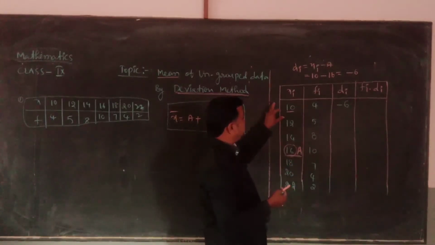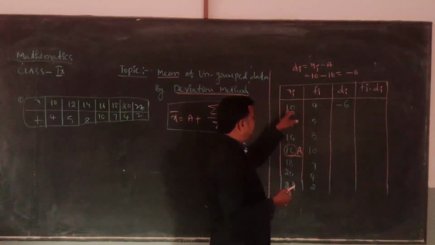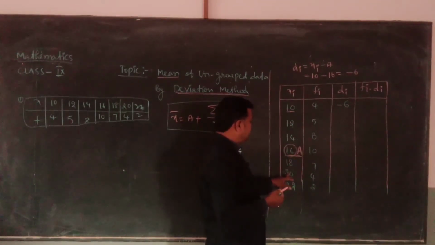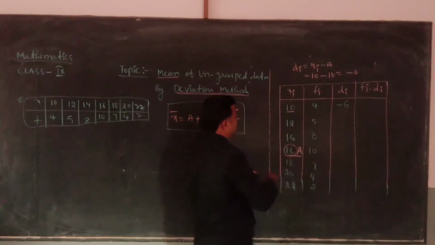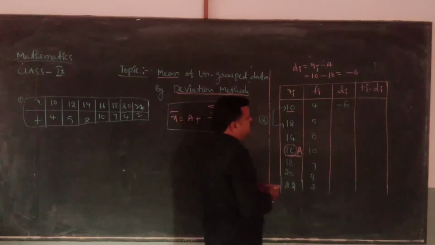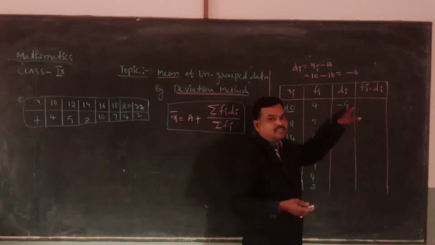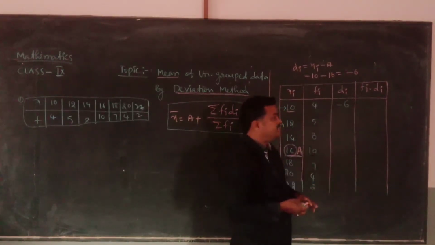First we have to observe the difference between the xi values 10, 12, 14, 16, 18, 20, 22. The difference between any two x values is 2. So we just add this difference to the first deviation value, then we get the next deviation value.